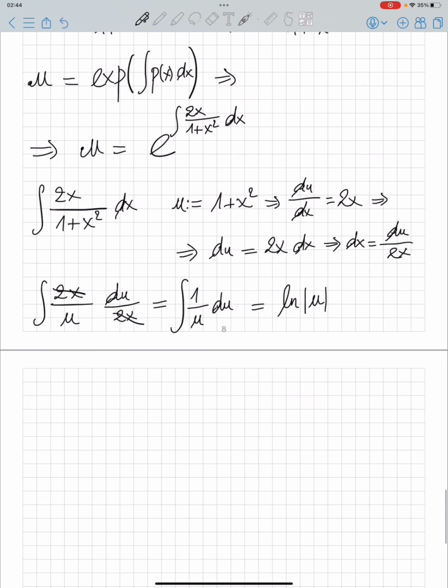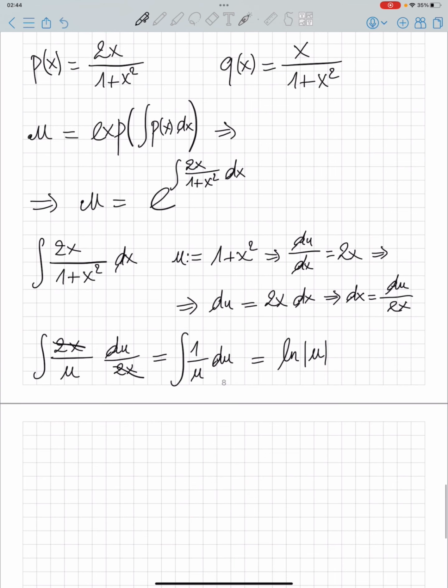Now our u has a value 1 plus x squared, so we substitute it here. And by the way, we know that this 1 plus x squared is always going to be positive because we have a square here which is always going to be positive, and you add 1, it's clearly going to be positive, right?